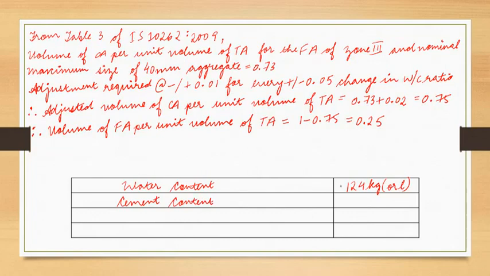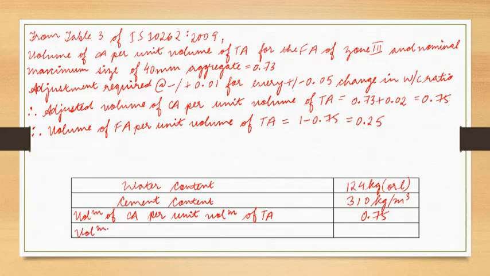Cement content: 310 kg per meter cube. Volume of coarse aggregate per unit volume of total aggregate: 0.75.